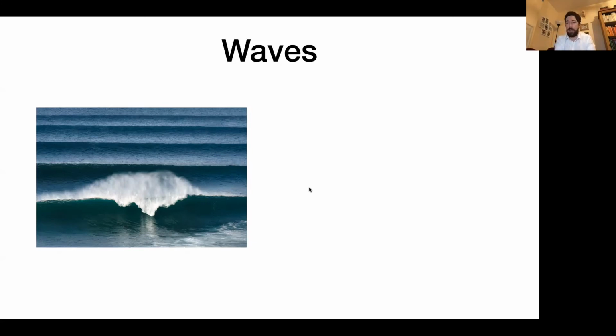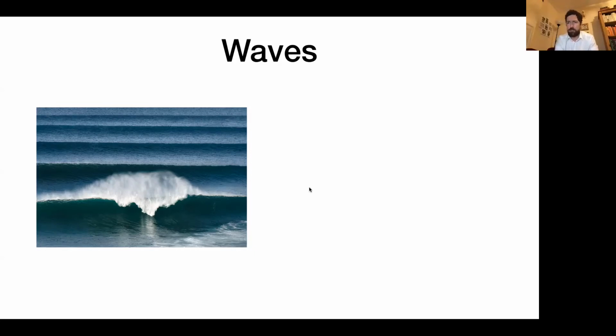Energy is what makes stuff happen. If you knock somebody over, if you make a big bang, that requires energy. And waves carry energy. We know this because if you're wading into the water and the waves are strong enough, they can knock you over. Waves have the ability to carry energy.